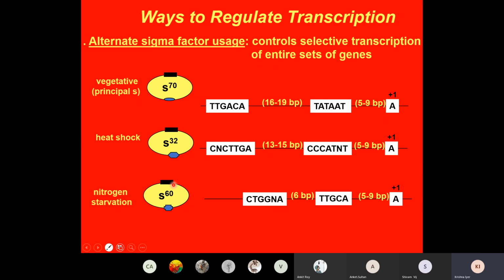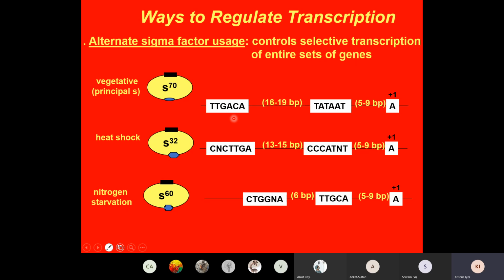The third gets induced when there is a low amount of nitrogen in the medium. So under these situations, different sets of proteins are produced, and the way they do it is by using different sigma factors, which then start initiation at different points by reading different types of promoters. See these different types of promoters: CTGGNA, CNCTTGA, TTGA, GACA. This is what we saw as a constitutive one.